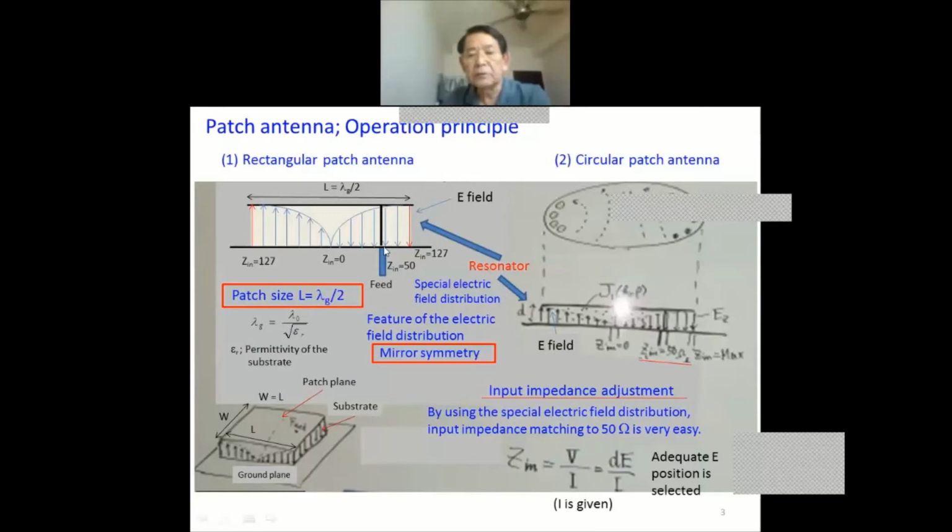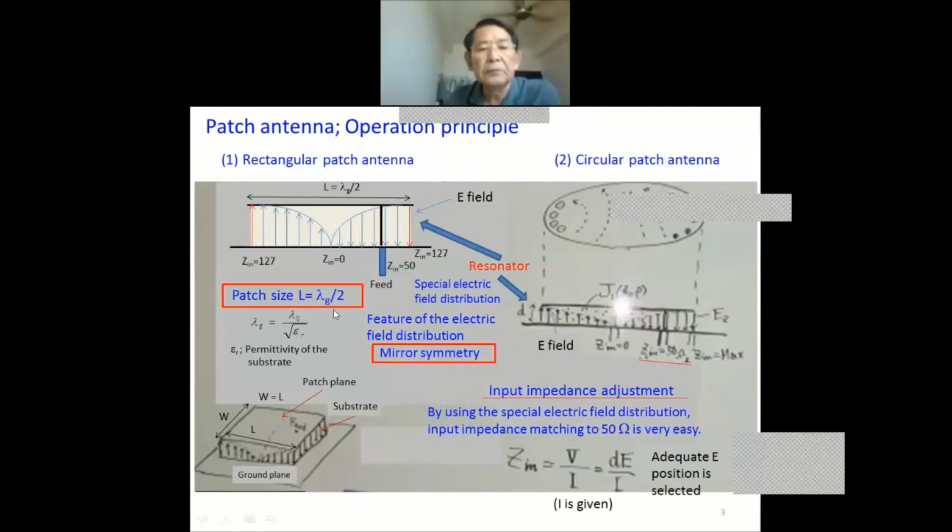This point is around 1/3 from the opening point. So the impedance matching of this antenna is rather easy. By selecting the adequate feeding point, we can adjust to a 50 ohm input resistance.